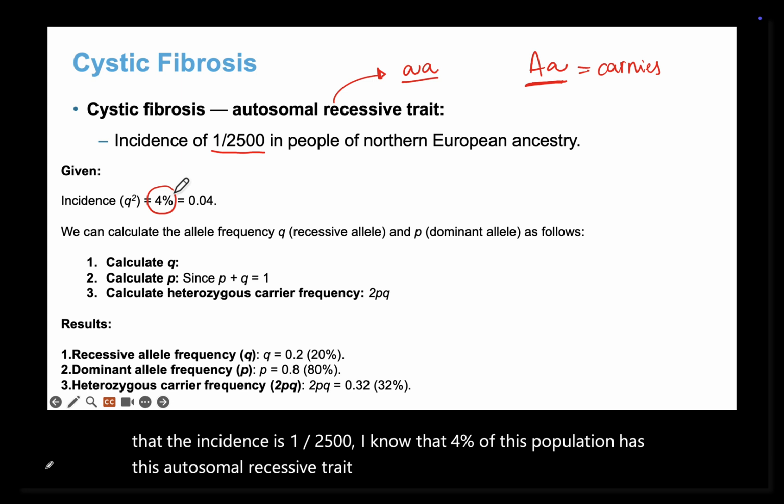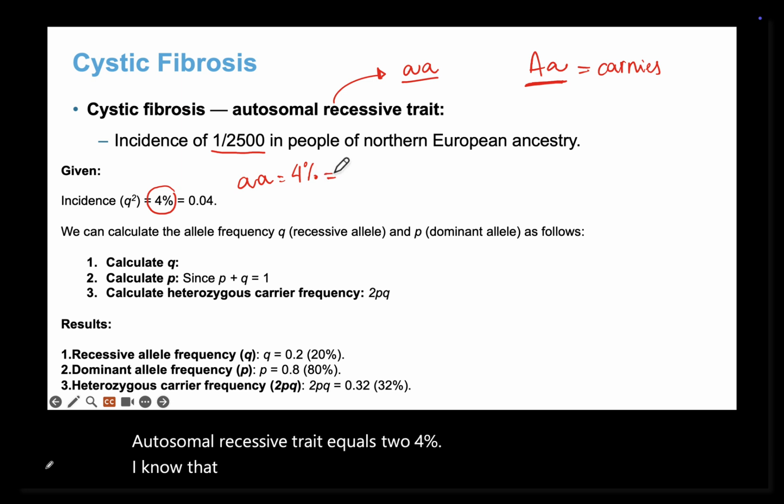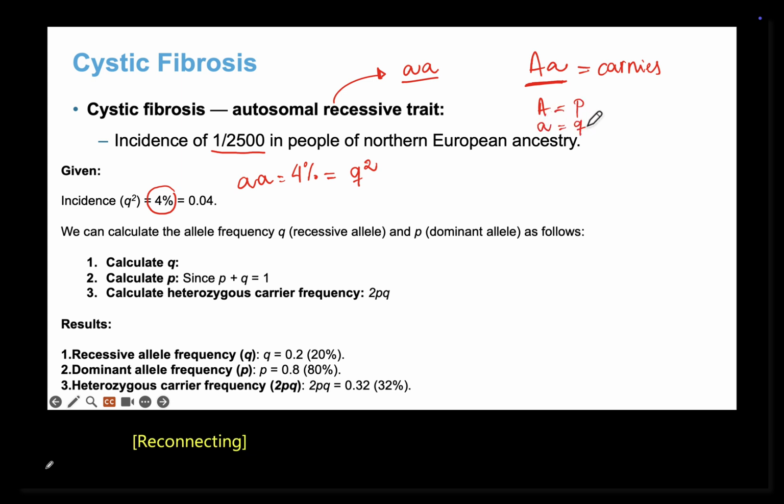Okay? Knowing that this autosomal recessive trait equals 4%, I know that this 4% is my q squared, right? Because remember, A dominant is represented by p and a recessive we are representing by q.